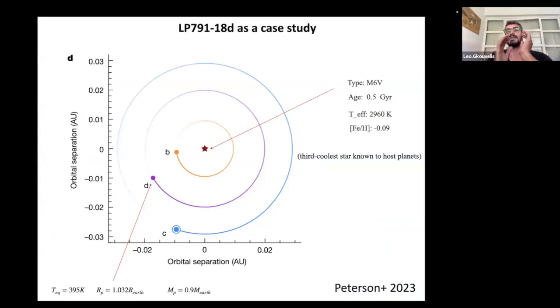I will show you a specific case study that we did for a newly discovered rocky planet. It belongs to a system with a host star that is an M dwarf, and it has 3 exoplanets. This planet D, you see here, is about the size of the Earth in radius and mass.